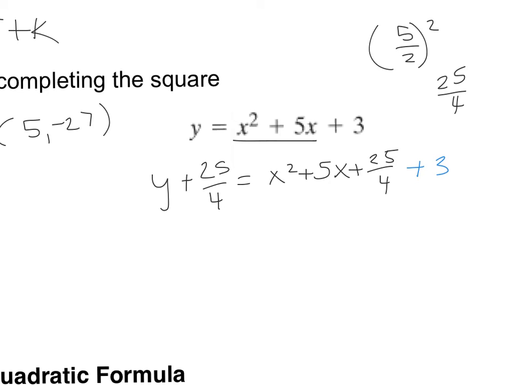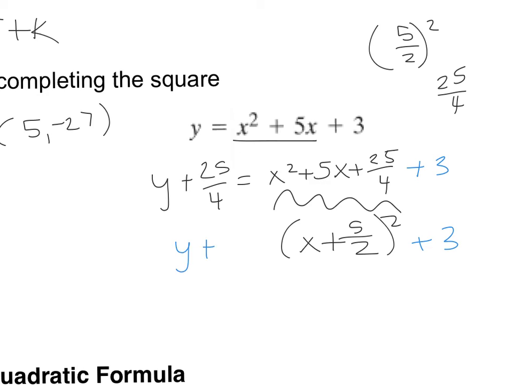So this part factors into, take half of the b term. So half of 5 is 5 over 2. Then I still have that plus 3. And I have y plus 25 fourths. So you want to get y by itself, so you subtract 25 fourths.